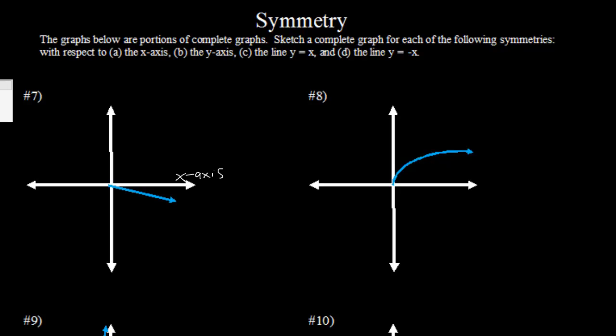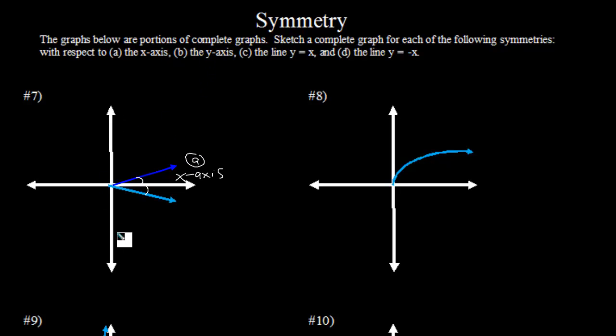If it is symmetric with respect to that, it is going to look like this. Be the same angle between the line of symmetry and each ray. So that is part A.